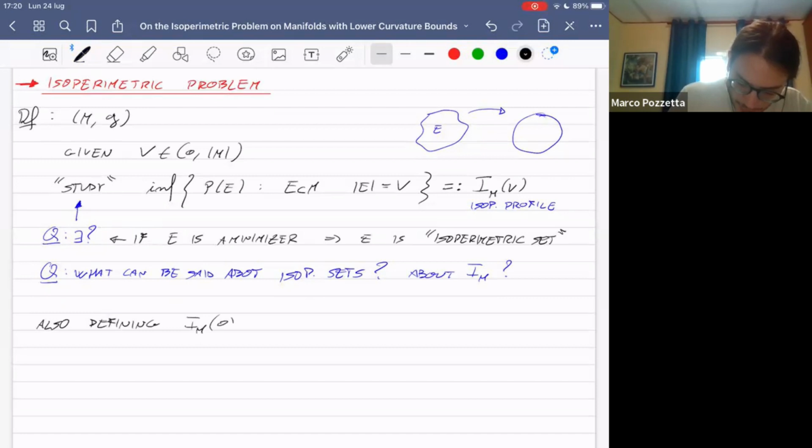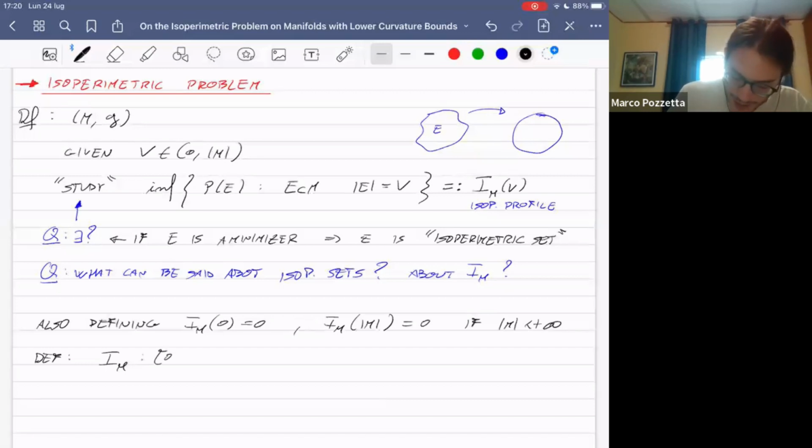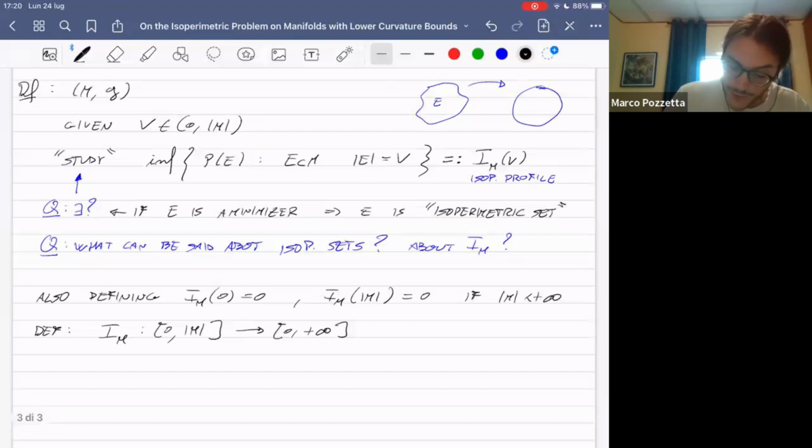So more precisely now, also defining, for example, I_M of 0 equal to 0, and I_M of the total volume of M equal to 0 in case the total volume is finite. So from now on, I will define I_M to be the isoperimetric profile, to positive values, this function of one variable, a function of the volume, assigning to every volume the infimum of the problem.